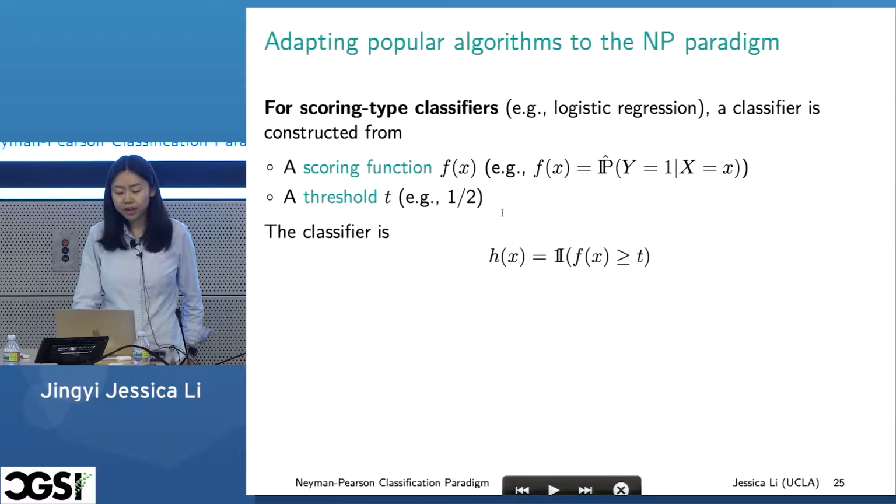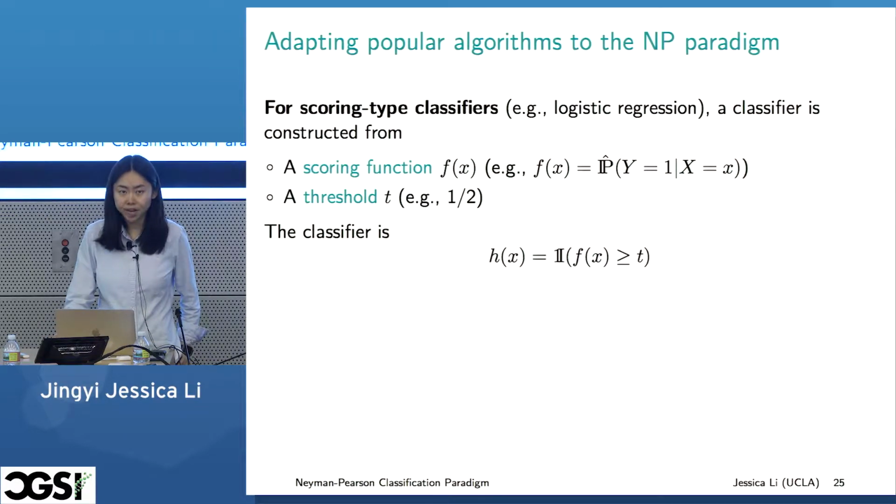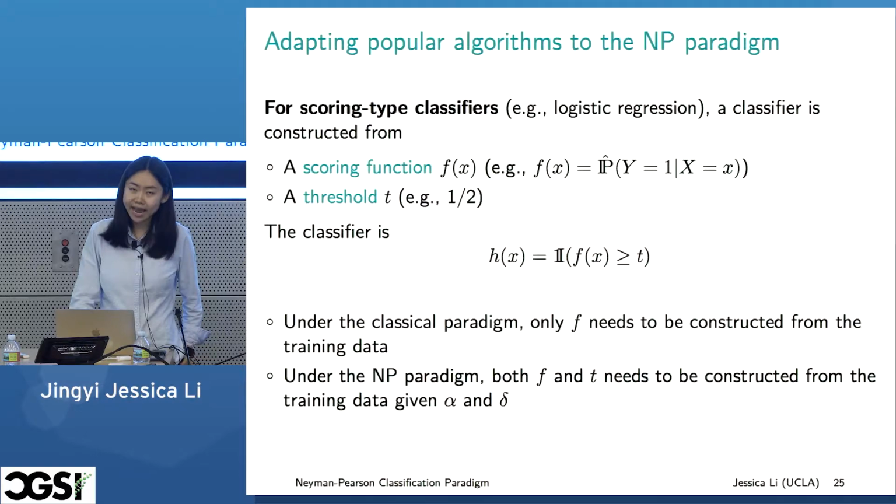So we put the classifier in the form of the scoring function greater than or equal to some threshold. Our underlying assumption is that class 1 observations will receive higher scores than class 0 observations. Just to summarize, under the classical paradigm, just as in logistic regression, only the scoring function needs to be constructed or estimated.